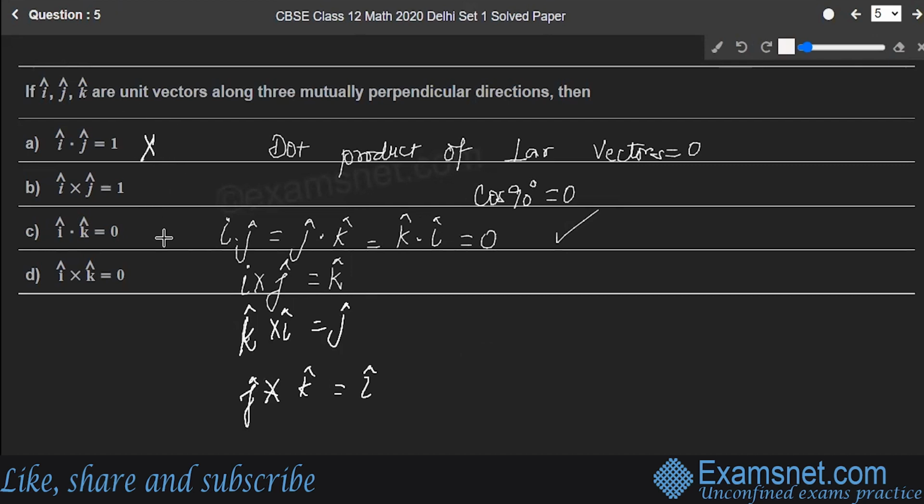So this is wrong, dot product things, i dot k. Yes, this is right. Option C is correct. i dot j is equal to 1 is incorrect. i dot k is equal to 0 is also incorrect. Option C is the answer.